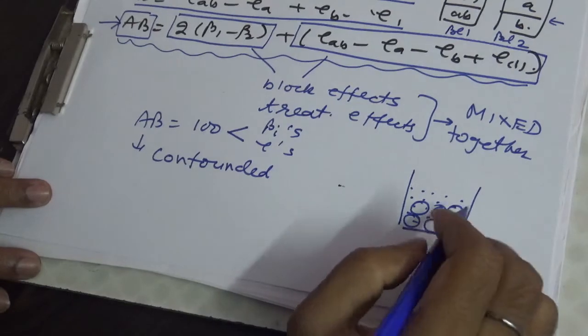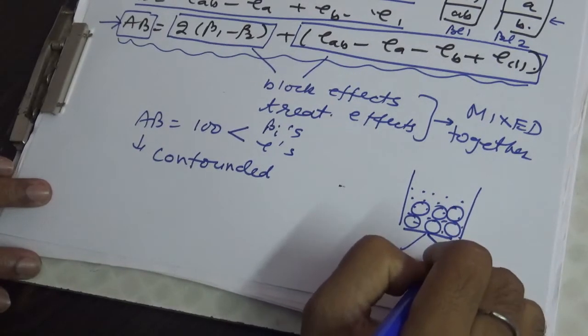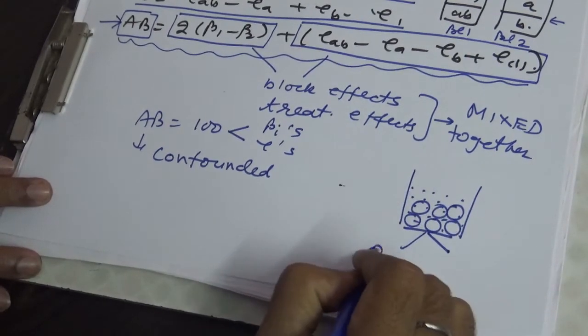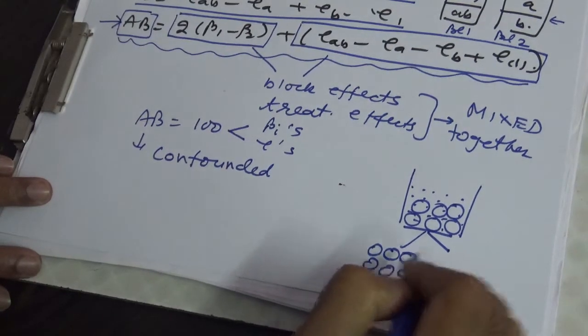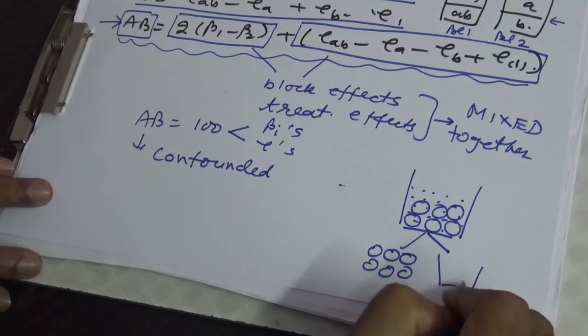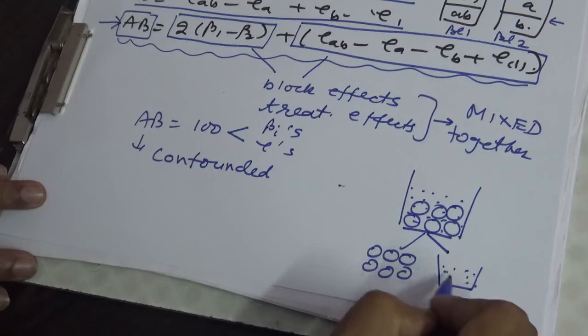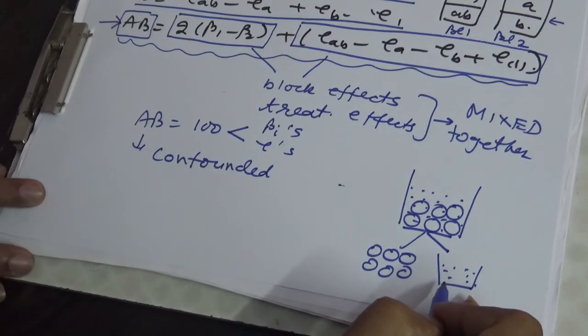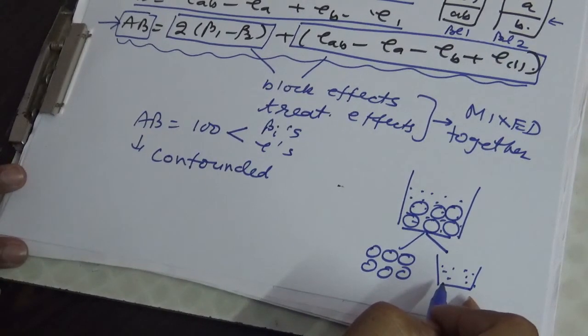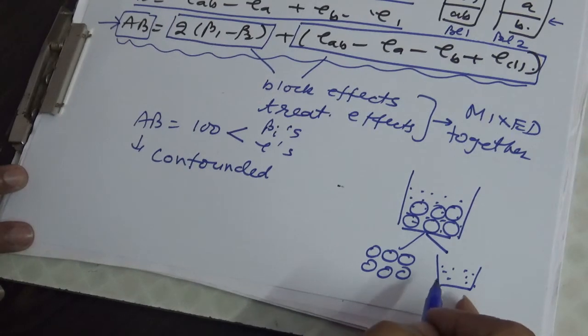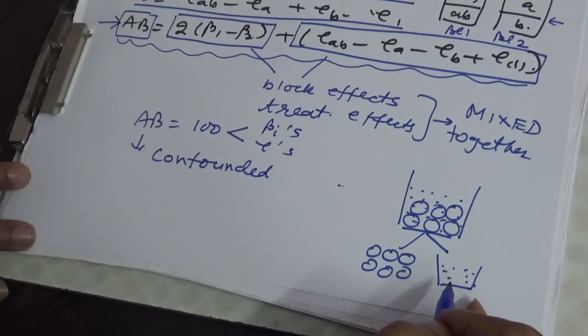If I ask you, can you separate them out? You will say yes. You will just take out the glass balls separately and the water separately. So in this case, the glass balls and water are not confounded. The same thing is happening with A and B. When you are trying to estimate the main effects, they are not getting confounded and you can estimate them clearly.